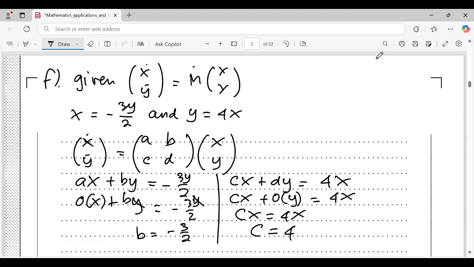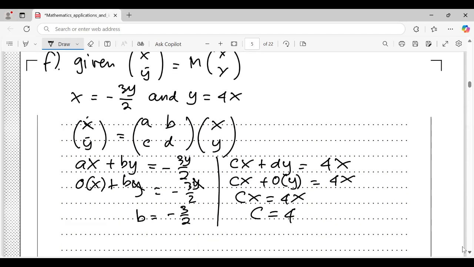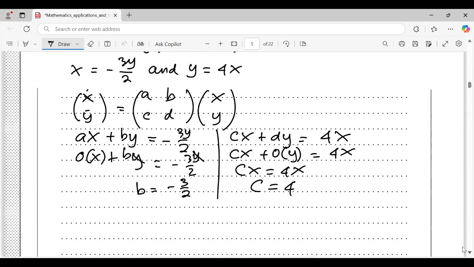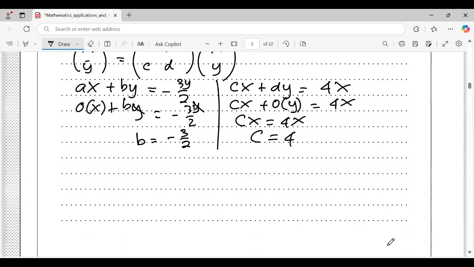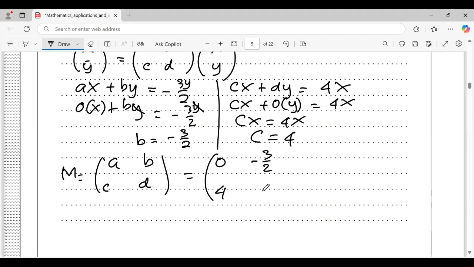So we can determine M is a, b, c, d, where a equals 0, b equals minus 3/2, c equals 4 and d equals 0. This is the matrix M.